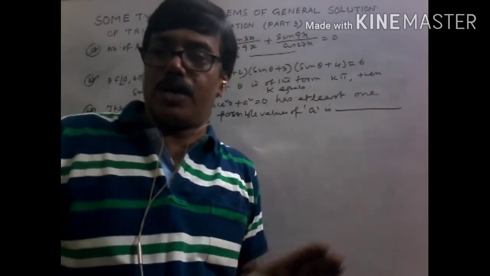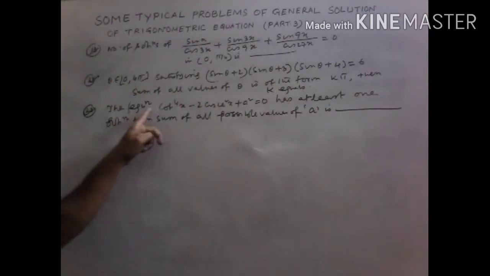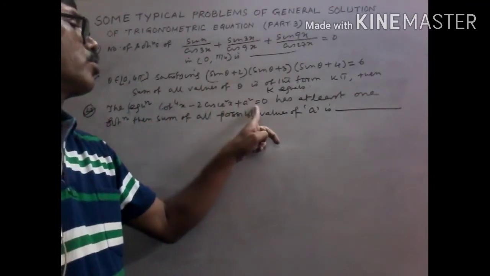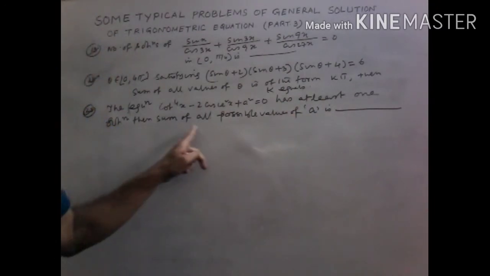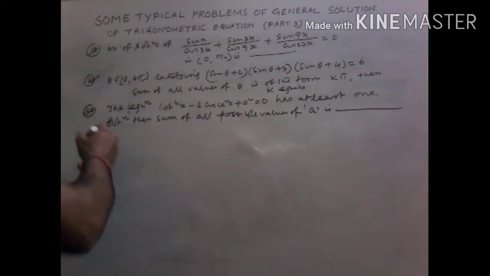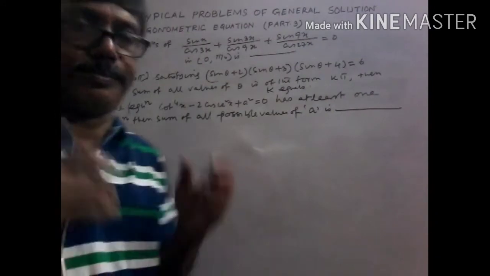Find k. So these are problems of competitive examinations. These are integer type. The equation cot to the power 4x minus 2 cot square x plus a square equals to 0 has at least one solution. Then sum of possible values of a. So we consider the last problem, this one.